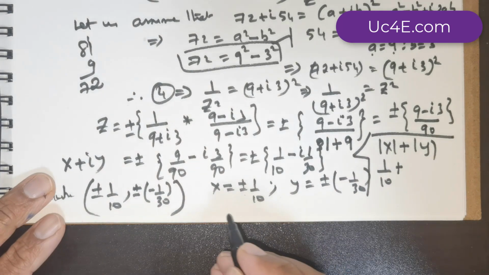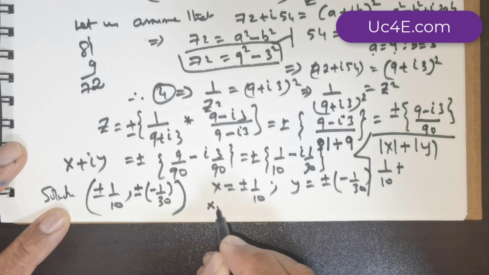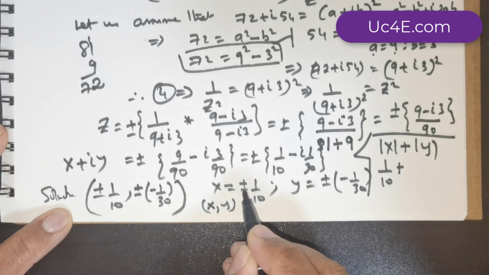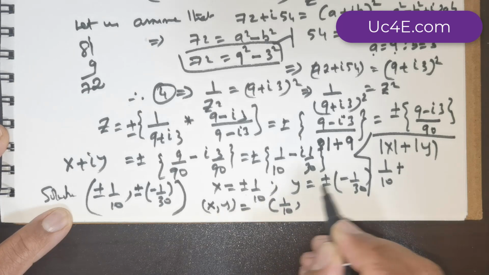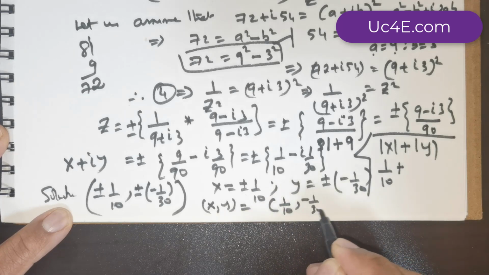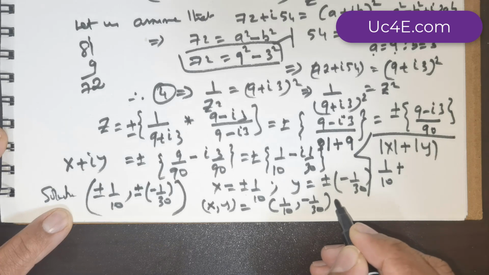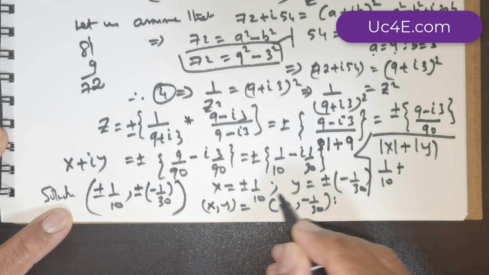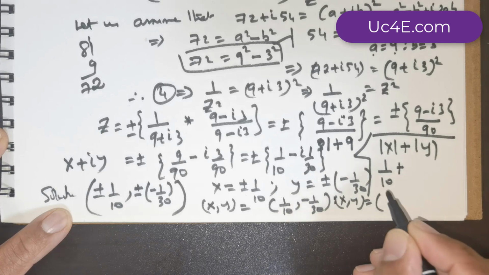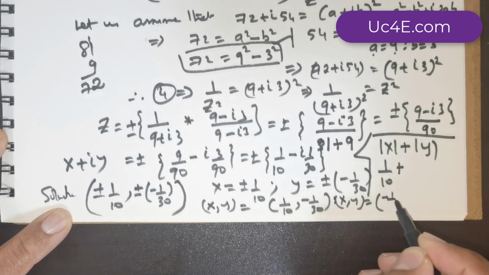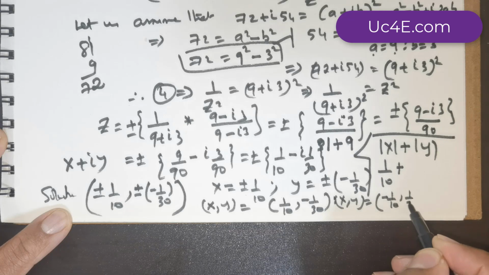Now let me just place the values of x and y. When I take the positive value, this is going to be 1 over 10 followed by negative 1 over 30, and when I take the negative one, x comma y is going to be equal to negative 1 over 10 and 1 over 30.